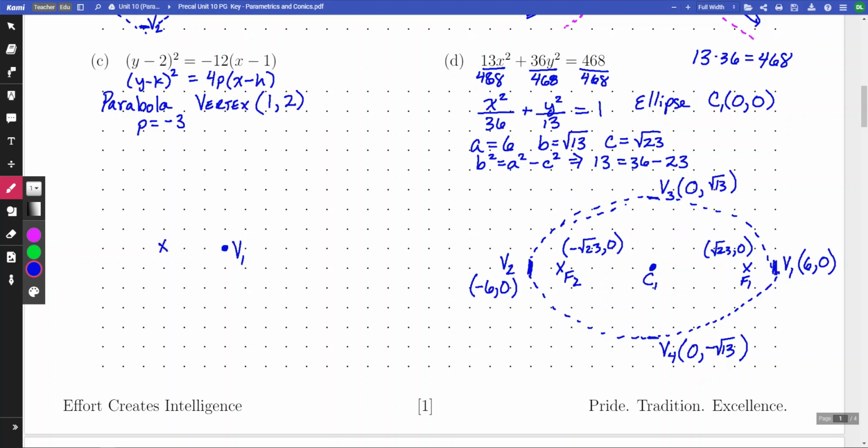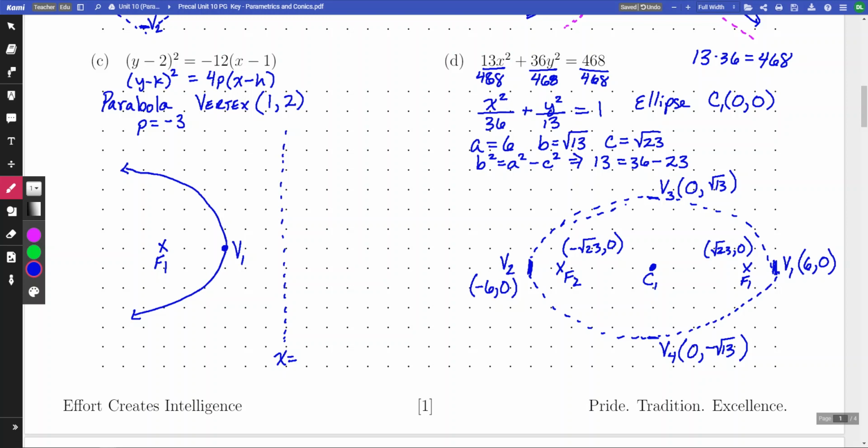So I know that over here will be my focus, and 3 units on the other side will be my directrix. All right, so my directrix would be an equation x equals because it's vertical. And I know that my parabola will open and be symmetrical over that focus. So I have the general shape.